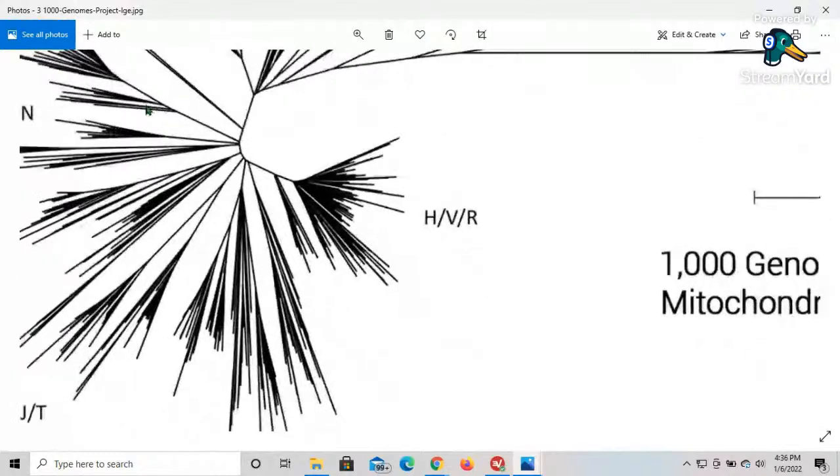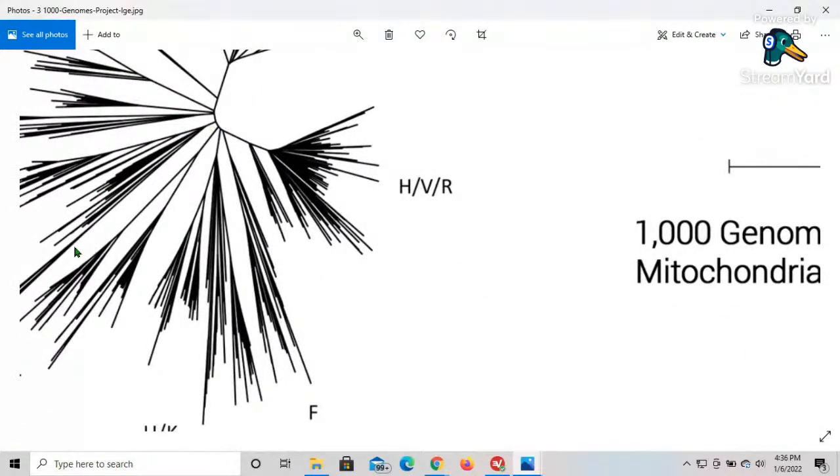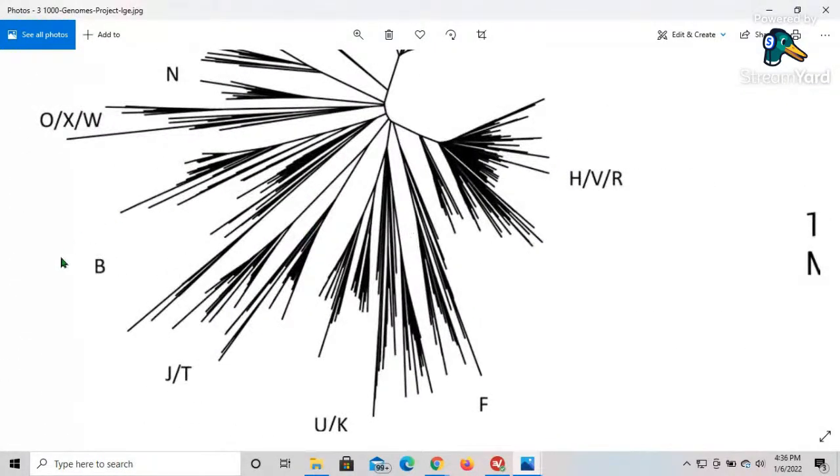Now this is the more Semitic lines, or the more Middle Eastern Semitic lines would be these here. This is more European Semitic mitochondrial DNA, or it's Middle Eastern as well, but this is all Middle Eastern. This would be more Asiatic.